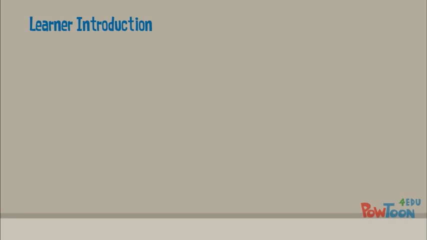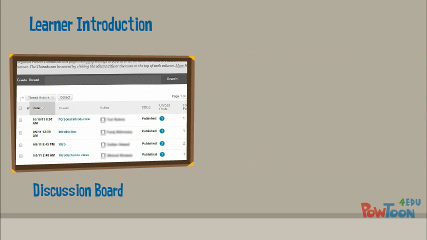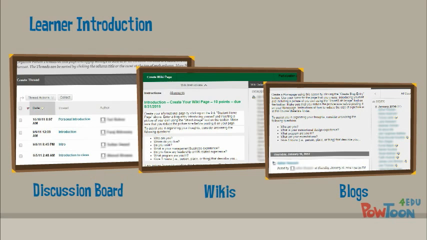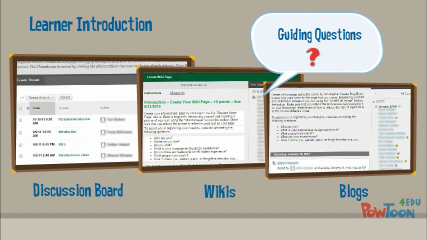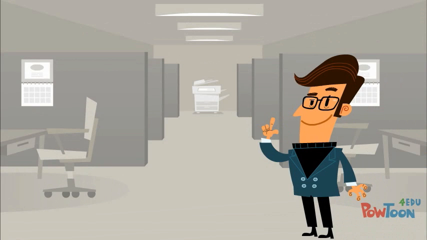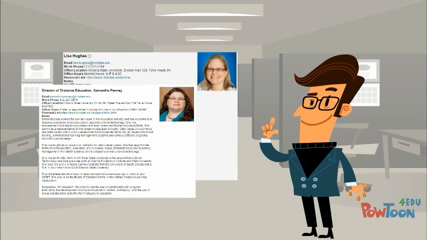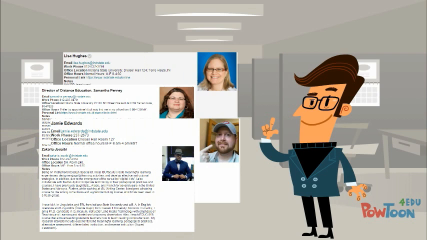These may occur by utilizing the discussion board, wikis, or blogs, where text, audio files, short videos, or a combination of such elements can be uploaded. Providing students with guiding questions to be answered in the introduction is a good idea.